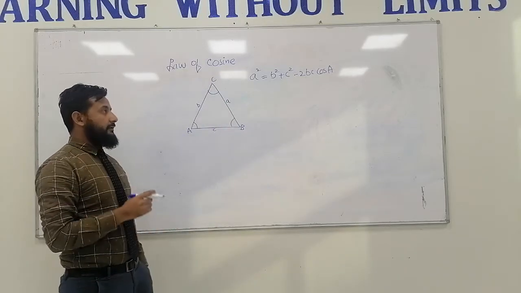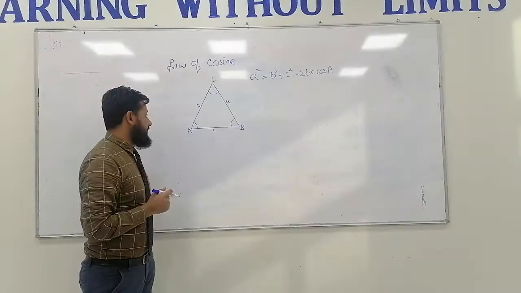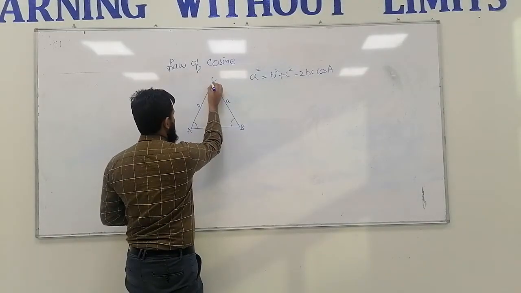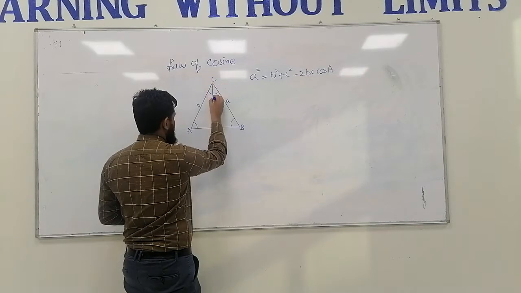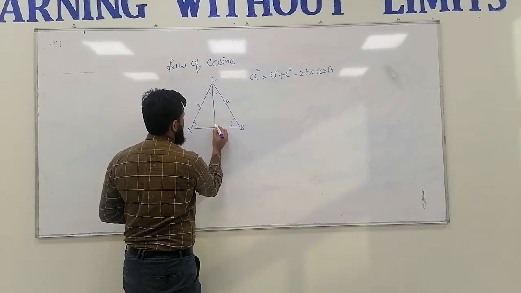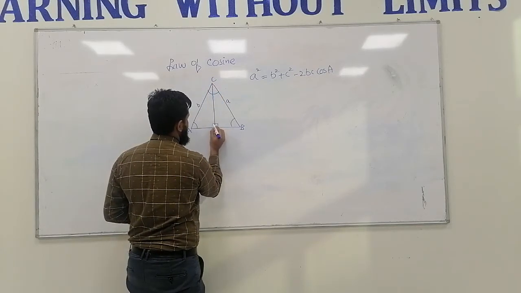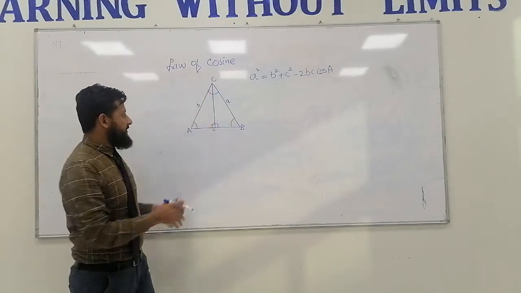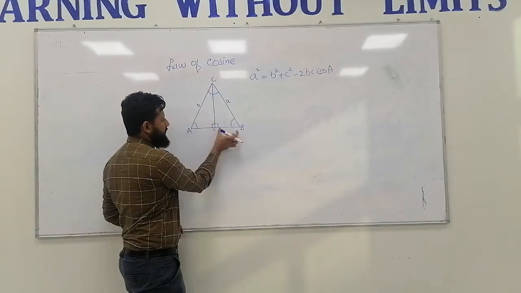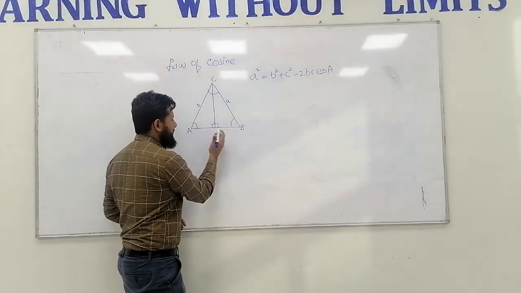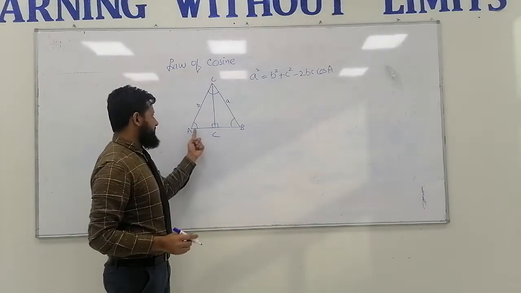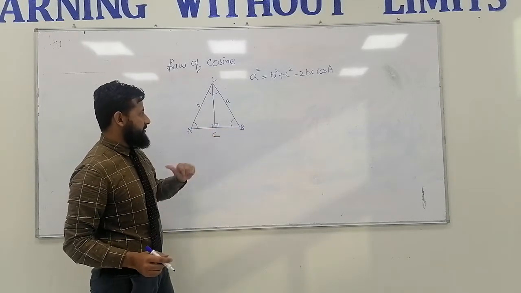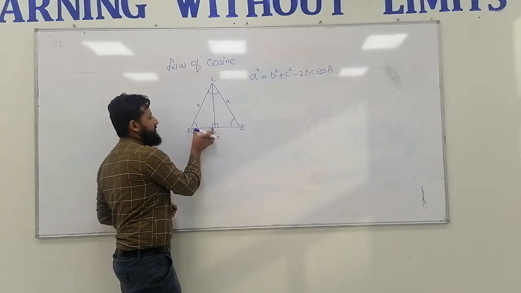Now, in order to prove it, what we need to do is draw a perpendicular line from here. Okay? Now, what this line did is split the measurement c into two portions. So this measurement is c, and the line splits it into two sections.